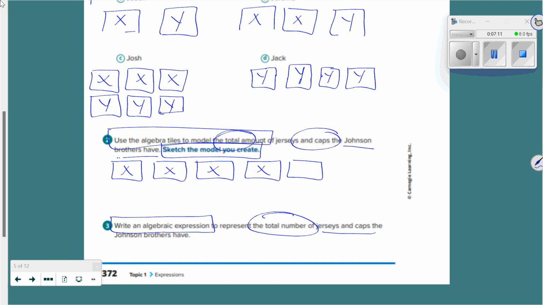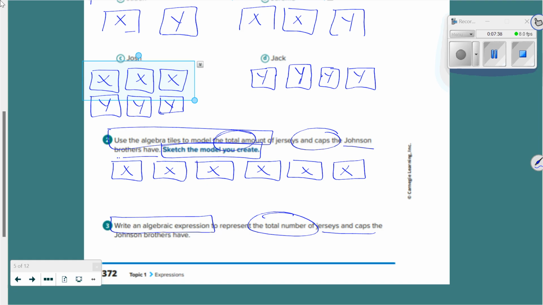There's 6. X's? 1, 2, 3, 4, 5, 6. X's for jersey.